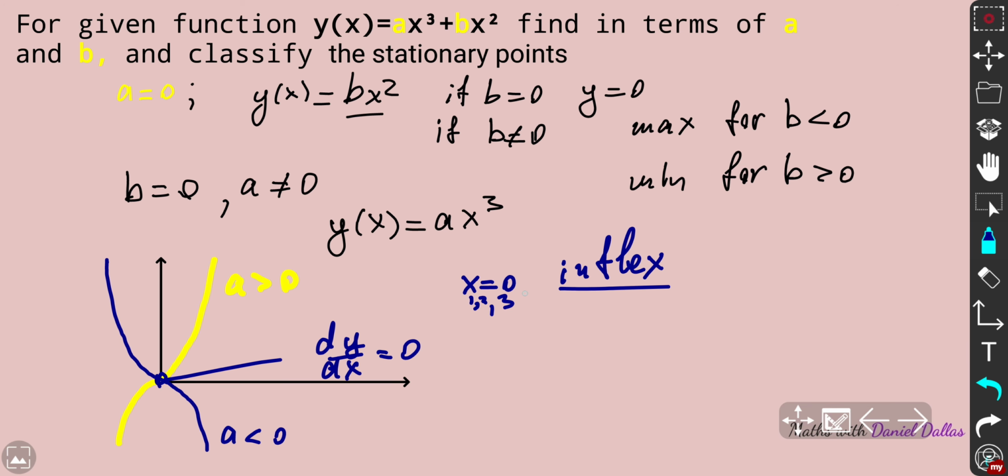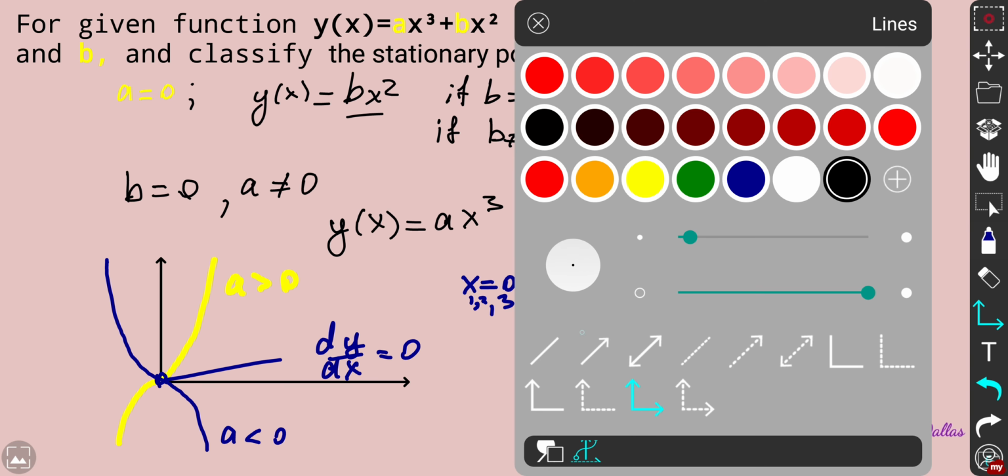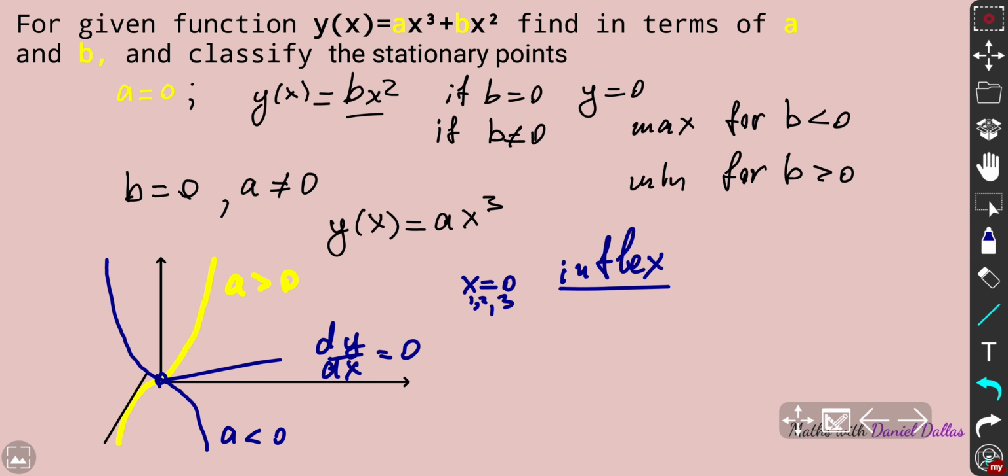That's the point where you have different concavity. But if you explore in terms of the gradient, you see that the gradient is positive here, as well as here. So on both sides of that point of inflexion, the gradient is still the same. While if you have stationary points like local maximum, local minimums, or in other words, turning points, the gradient should change, right?